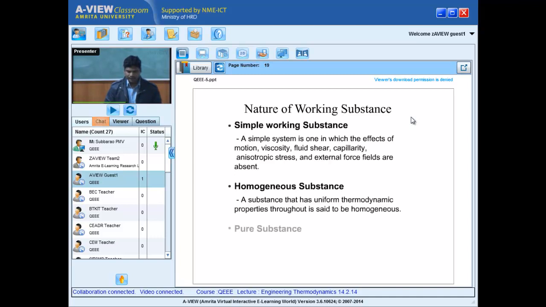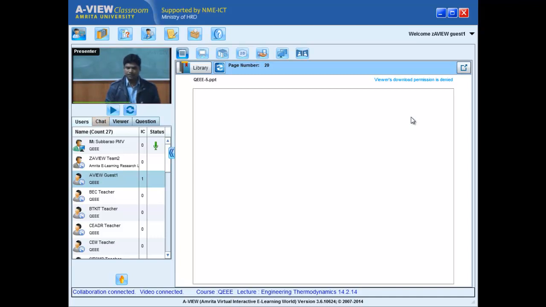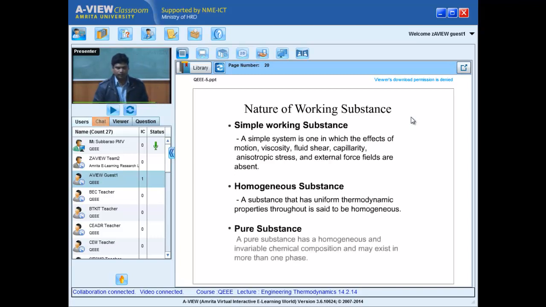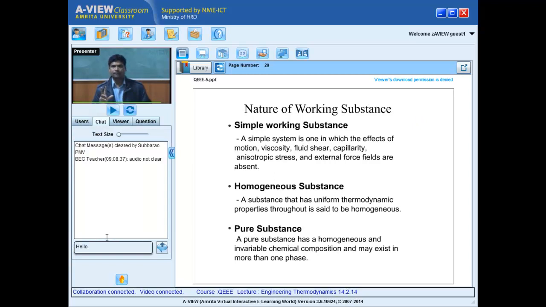The next is the pure substance. Now you can see the perfectly hardcore definition of pure substance. Again, I am saying again and again, the definitions of thermodynamics should always be used with wisdom. You cannot blindly learn a formula by heart, because exceptions can happen, and that's how innovations can come. So you see this in a hard framework. I'm reading verbatim: a pure substance has a homogeneous and invariable chemical composition.